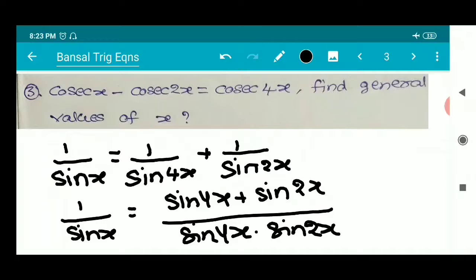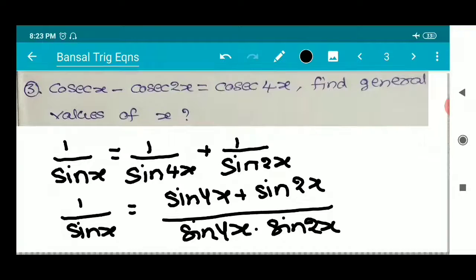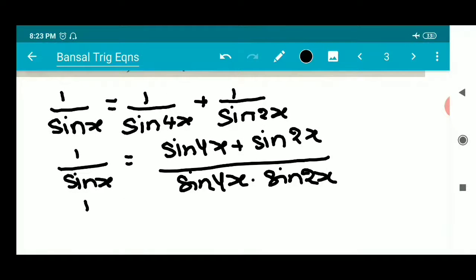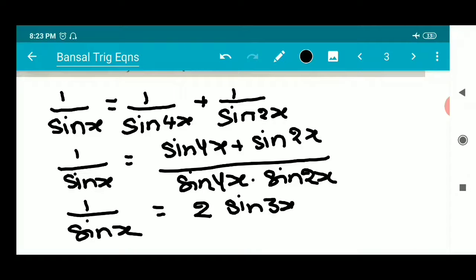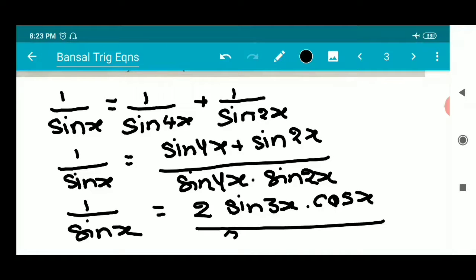Okay, so here the numerator is sin c plus sin d. So what is the formula? 2 sin of (c plus d) by 2, so that is 2 sin 3x, cos of (c minus d) by 2, so that is cos x, by sin 4x into sin 2x.